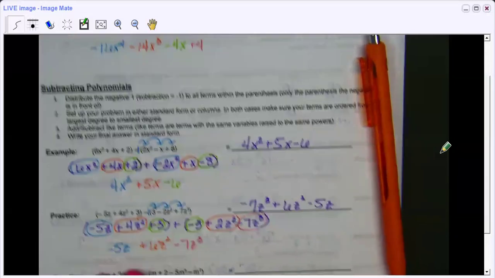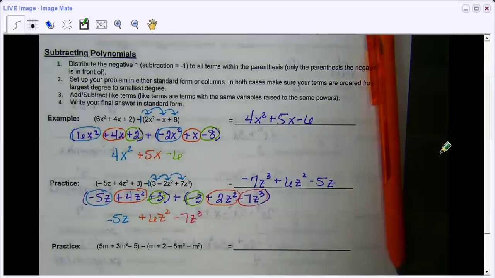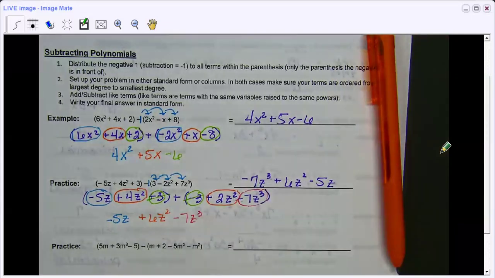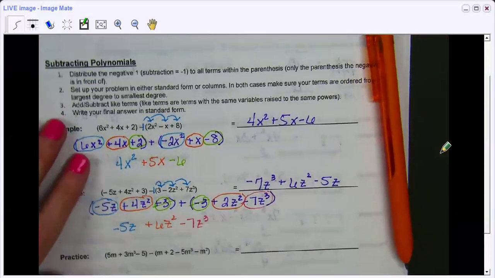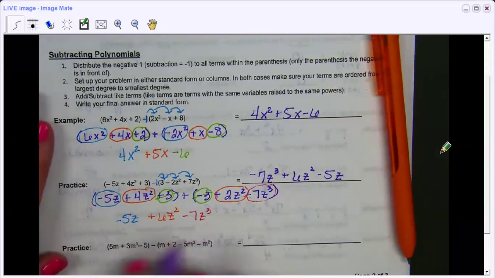Okay. So check your answer, and then I want you to try the next practice one on your own. I'm going to do this one a little bit differently if you want to.